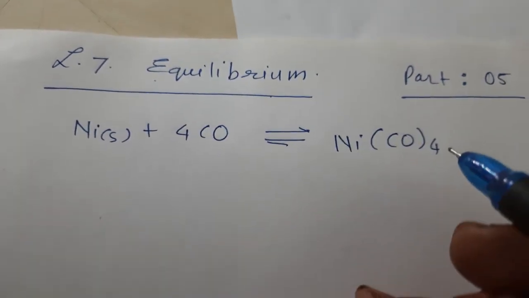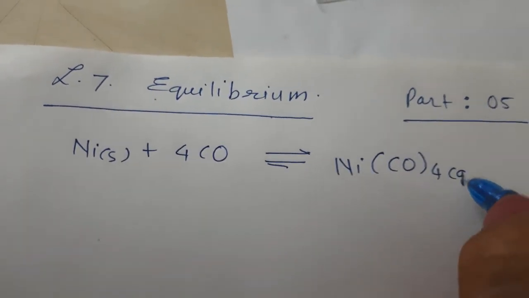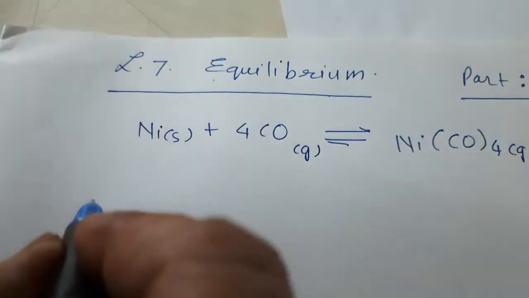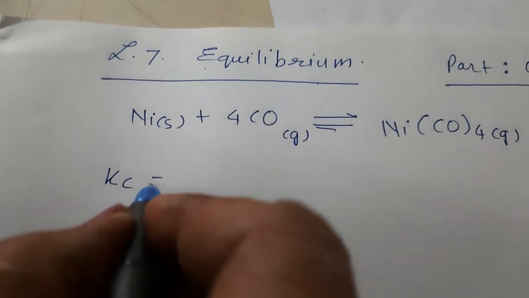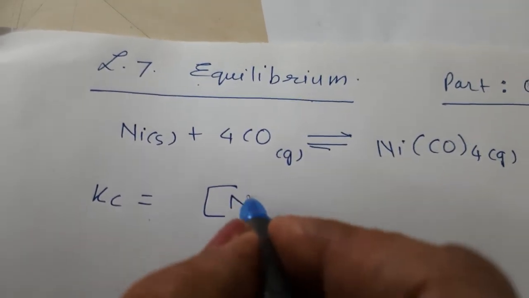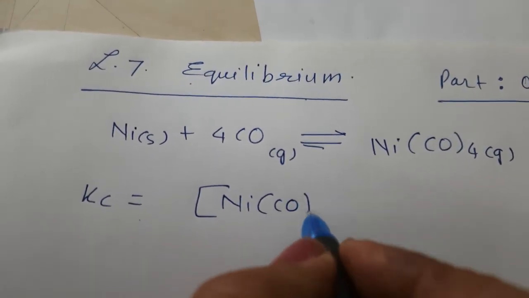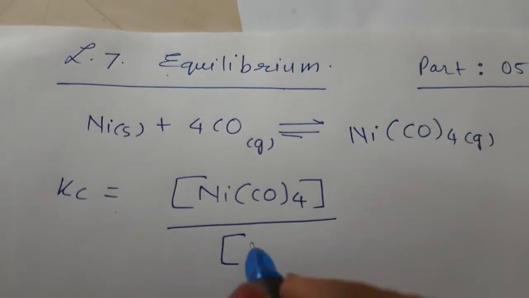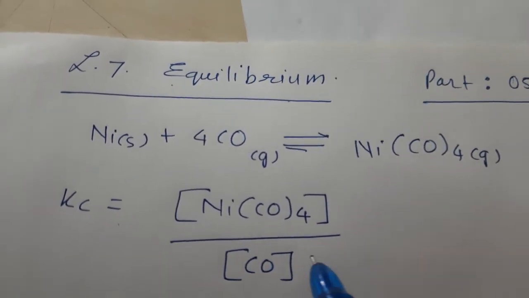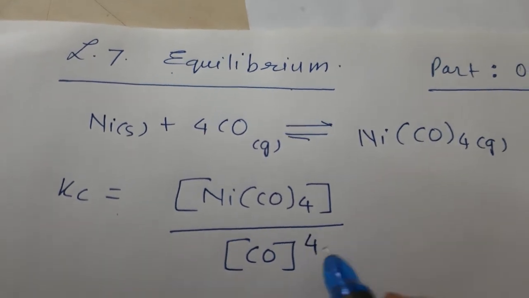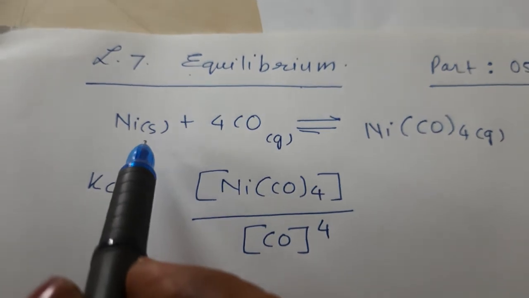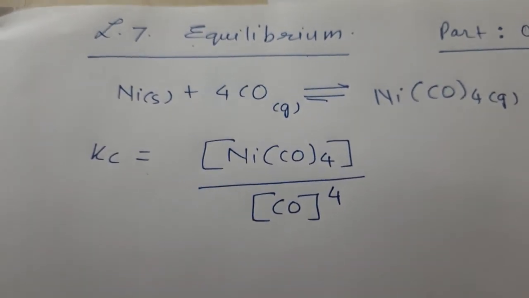What we see is this is the gaseous state, this is also the gaseous state, but this is the solid state. So the equilibrium constant will be written as Ni(CO)4 concentration divided by CO concentration raised to 4. Why is it like this? Why will we ignore this? Because nickel is in the solid phase, so its concentration will be constant.